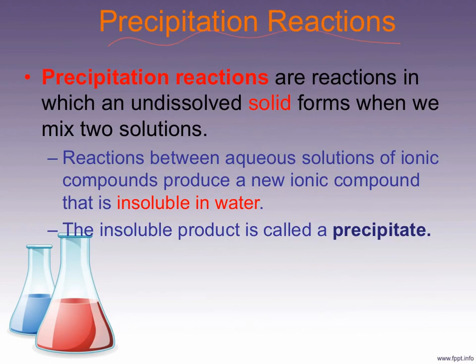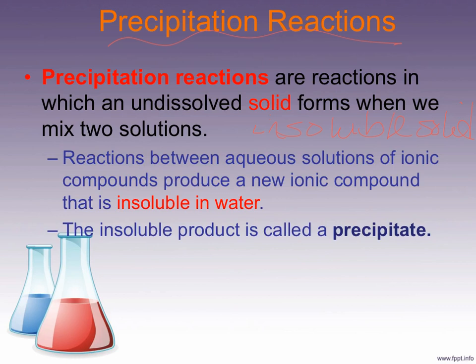All right, so the first double replacement reaction is the precipitation reaction. What is a precipitate? A precipitate is an insoluble solid. So it's something that you add to water and it just drops to the bottom, doesn't dissolve.